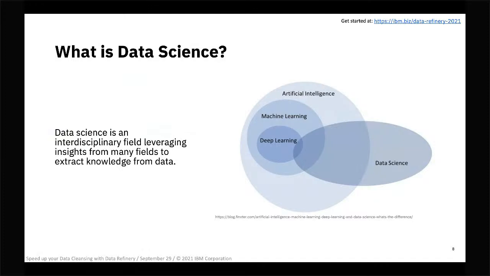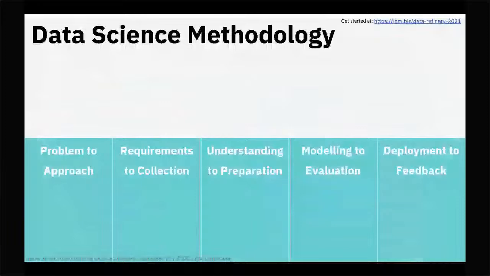And now that we are aware of the differences in the field, let's talk about the data science methodology that we use to build models or applications. The data science methodology is an iterative process that guides us on the ideal approach to solving a problem with data science. And the steps in the data science methodology are mentioned over here.